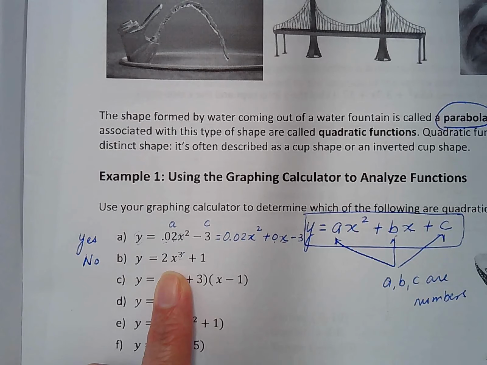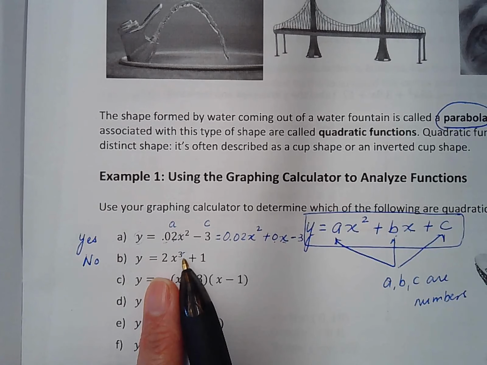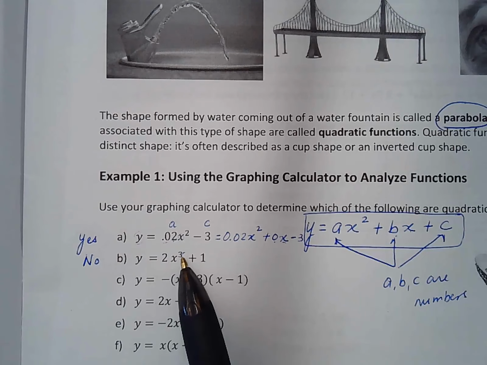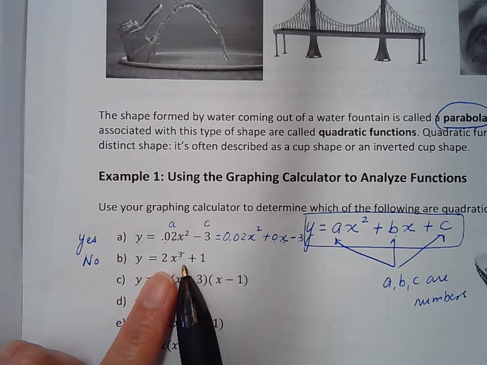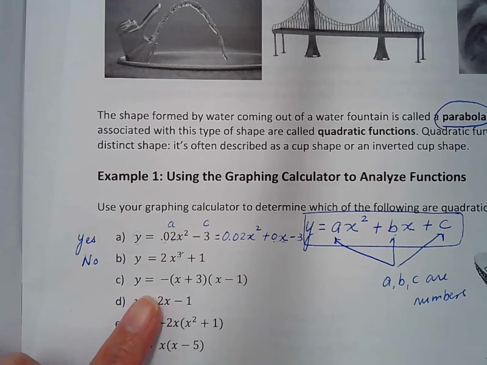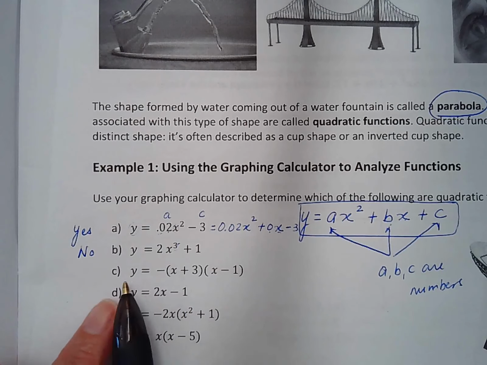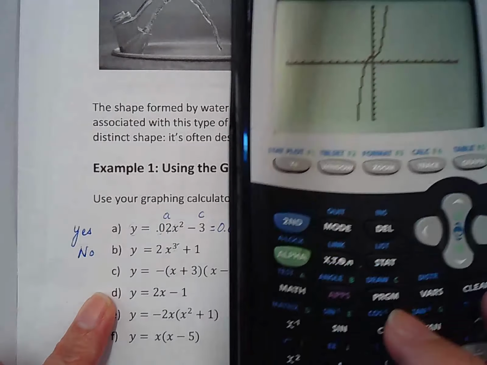The highest exponent is 2, but this one here has an exponent 3, and that makes it not a parabola. Okay, this is actually a cubic function. So far so good? Now we're gonna take a look at letter C. Letter C, what would that be?